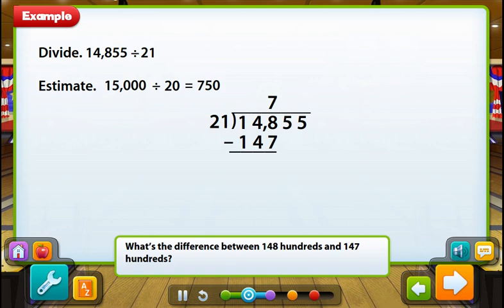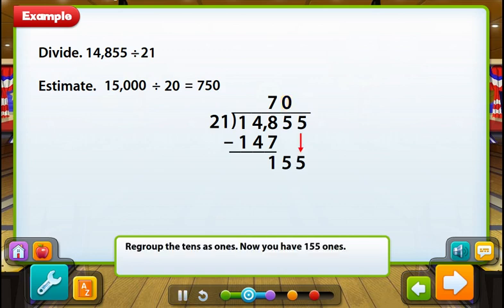What's the difference between 148 hundreds and 147 hundreds? 100. Next, regroup any hundreds left as tens. Now you have 15 tens. 15 tens cannot be shared among 21 groups, so place a 0 in the tens place of the quotient.